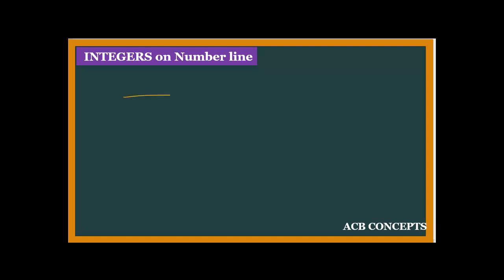So let us draw one line. This is a line and these are the points. These points are separated by equal distances. Let us take one point here, 0.